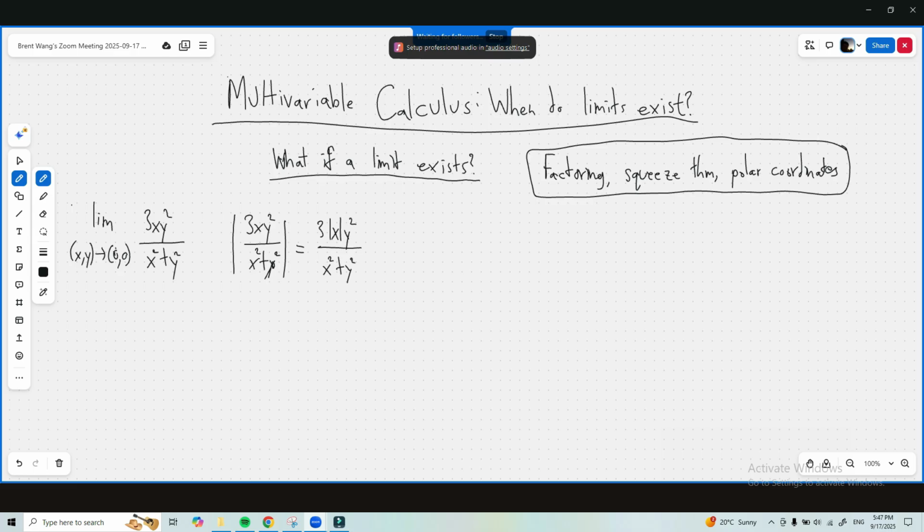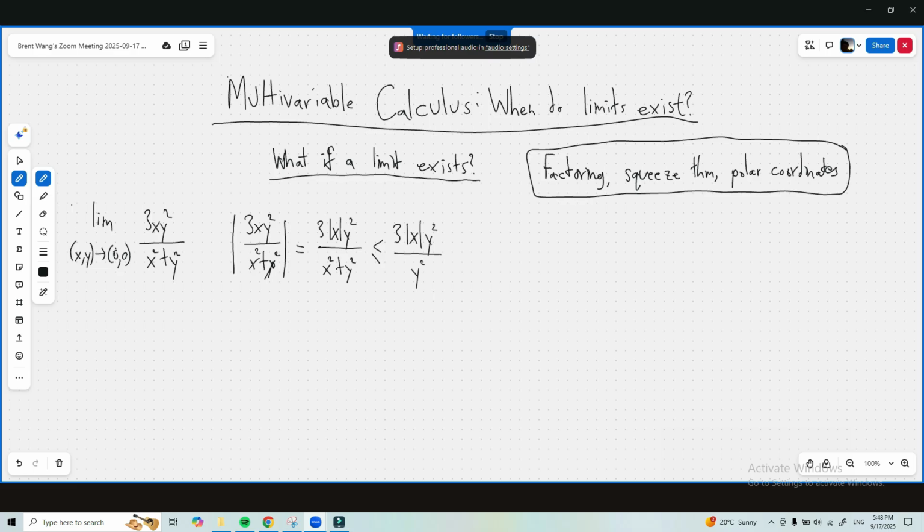And then we can say that this is less than or equal to 3 times the absolute value of x, y squared, over y squared. Because we remove the x squared, the denominator becomes smaller, which naturally would increase the total value of this function.